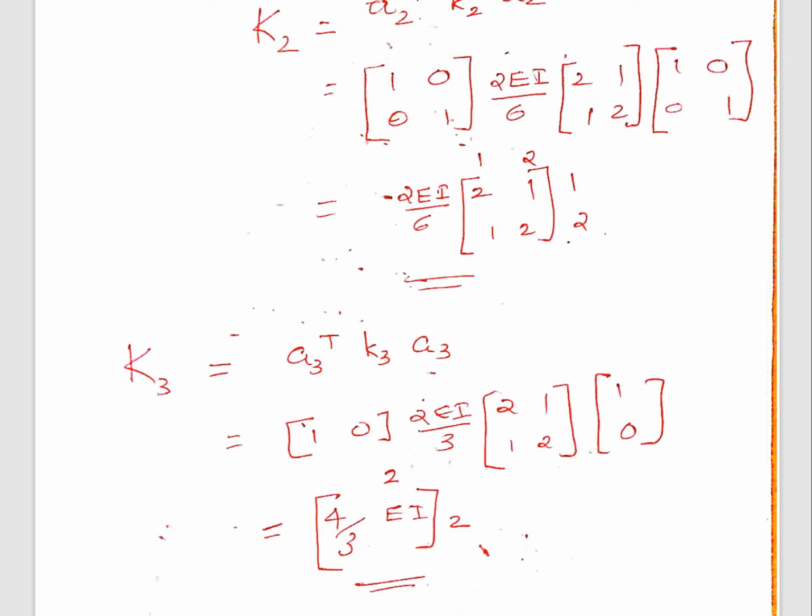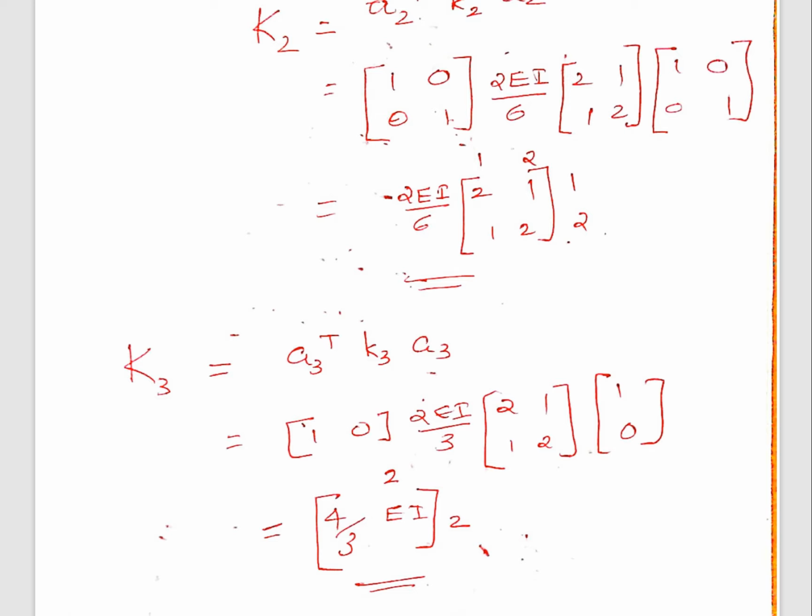Next is the stiffness matrix for the third element, capital K3 is equal to A3 transpose into small k3 into A3. So substitute A3 transpose, multiply with the element stiffness matrix for the third element, again multiply with the A3, that is displacement transformation matrix for the third element.